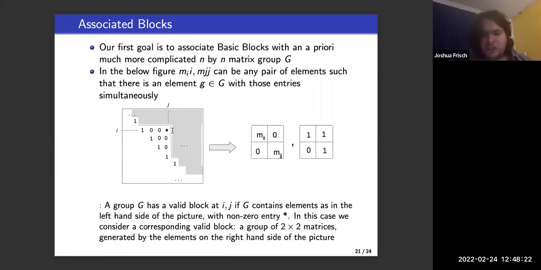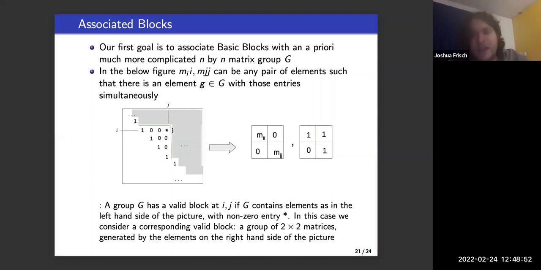So we say a position ij is good if you have some all ones matrix on the diagonal that looks like this. If you have something where the ij coordinate is non-zero, the diagonal is all ones, you're upper triangular, and everything above ij either to the left or below, or to the left and below, but not on the diagonal, is all zeros.